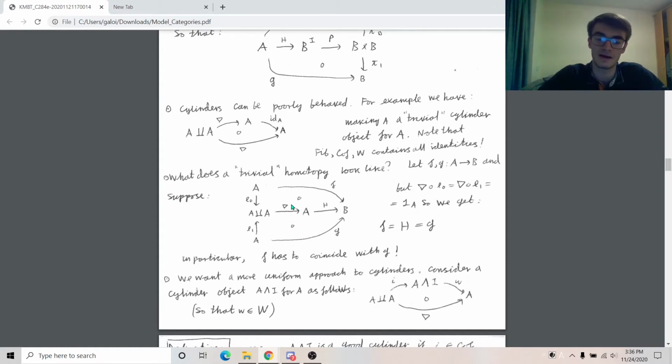And the codiagonal composed with each of the inclusions of A into the disjoint union of two copies of A is just the identity on A. So this composition and this composition are just the identity on A. And so this states that f equals H equals g. So two maps are homotopic via the trivial cylinder if and only if they're the same, which is kind of boring. So this tells us that we need to work with nicer cylinders.